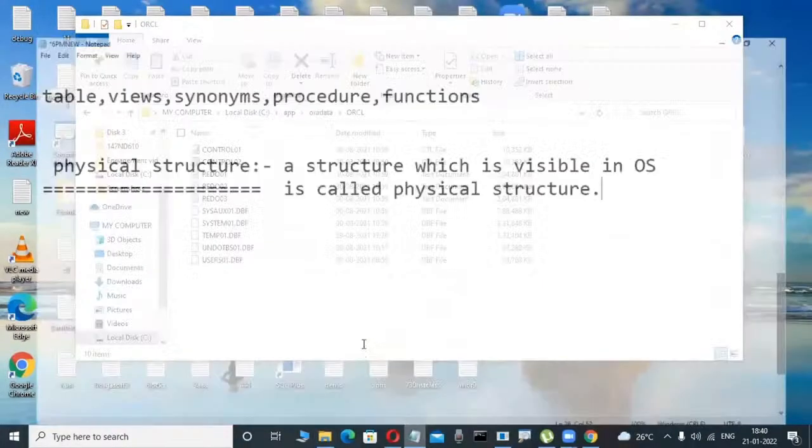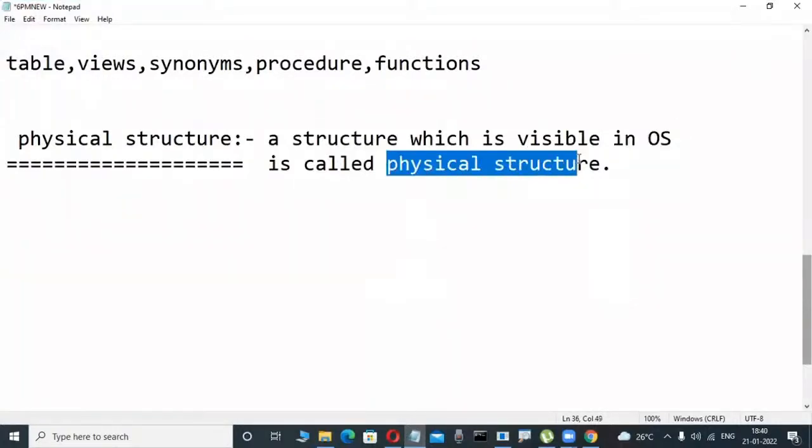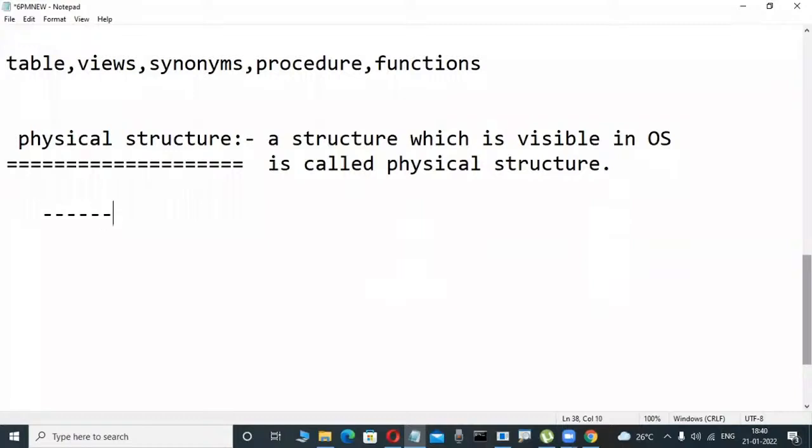That's why a structure which is visible in the operating system, some files are visible, that is called physical structure. But the physical structure, do you work in it, do I work in it? No. Some different type of persons are working. Who is that? The DBA, database administrator.